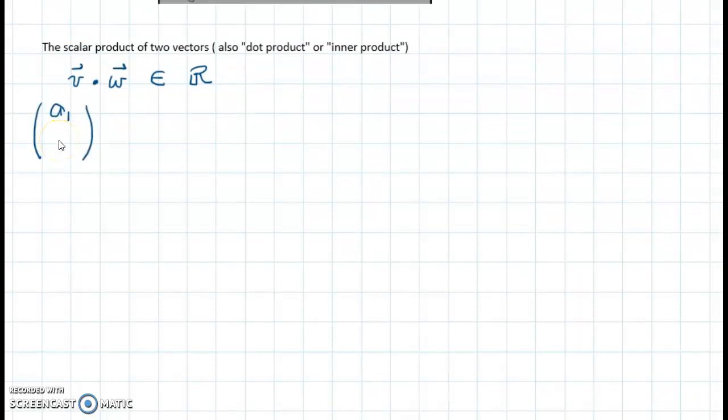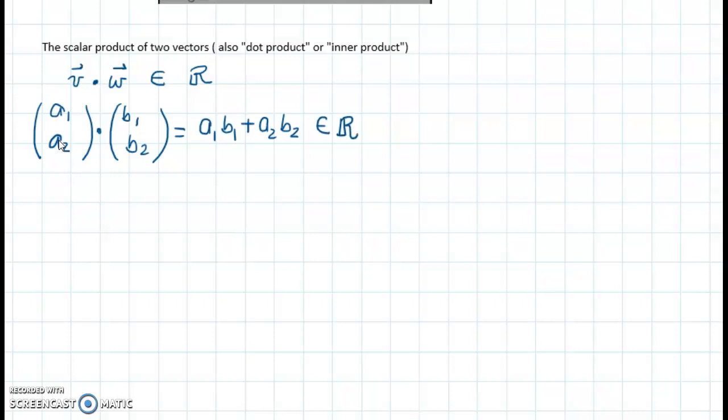If our vector v has coordinates a1, a2, and our vector w has coordinates b1, b2, the dot product between them is defined by the product a1 times b1, so the x coordinates multiplied, plus a2 times b2, so the y coordinates multiplied, and as I say, this is just a real number.